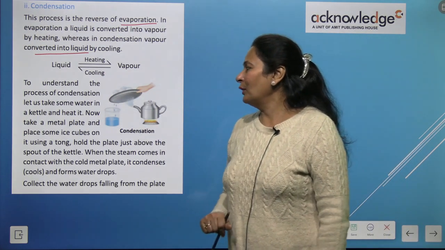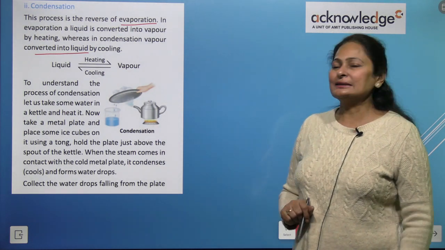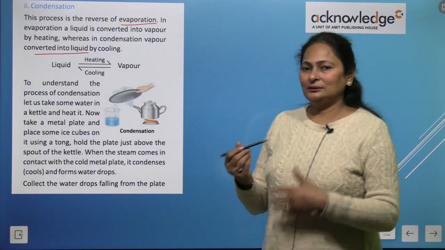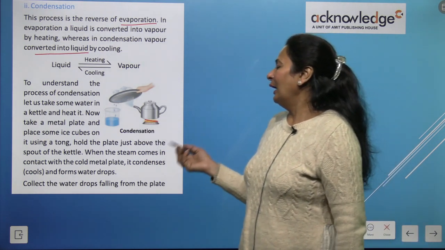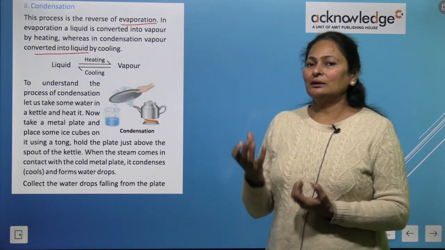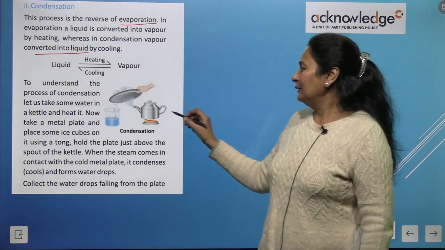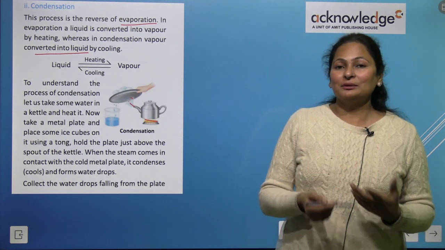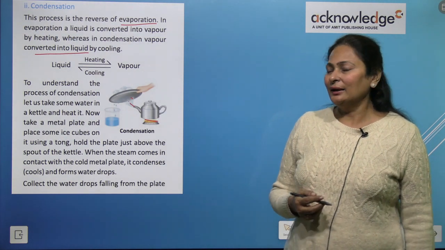To understand the process of condensation, let us take some water in a kettle. Now turn the gas on and the water starts boiling, and steam, or vapor, is coming from the spout of the kettle, right?